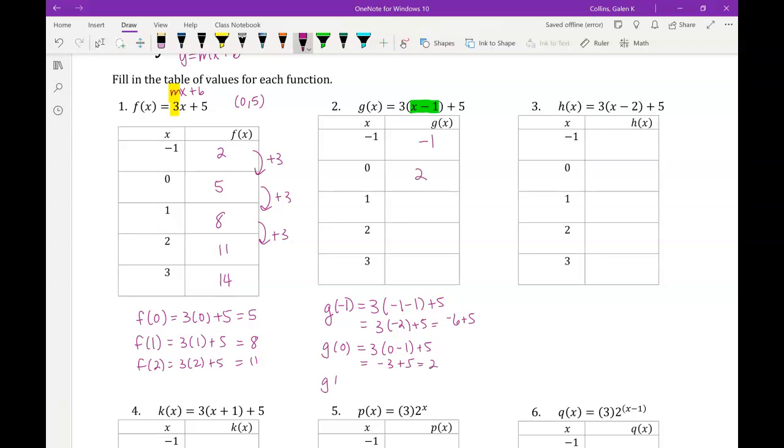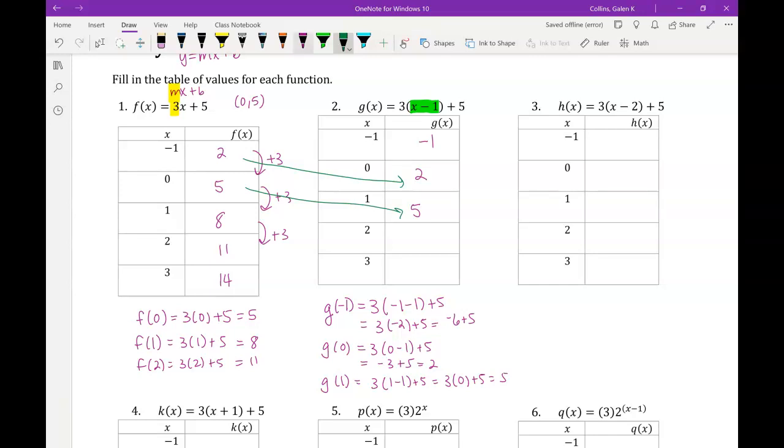When I substitute the 1, I get 3 times 1 minus 1 plus 5, which is 3 times 0 plus 5, which is 5. And you might be noticing that the values in my table are starting to become the same as the table for number 1.